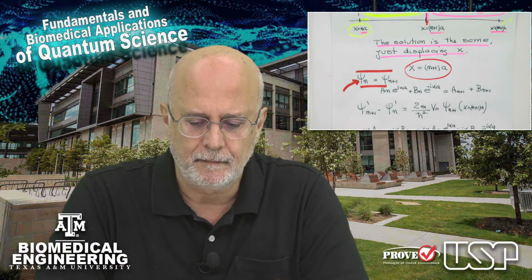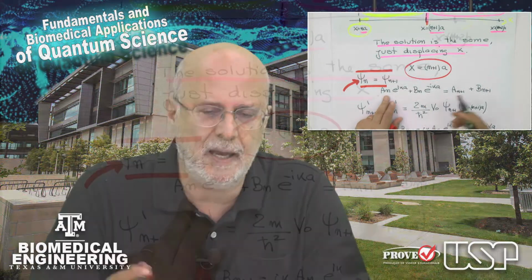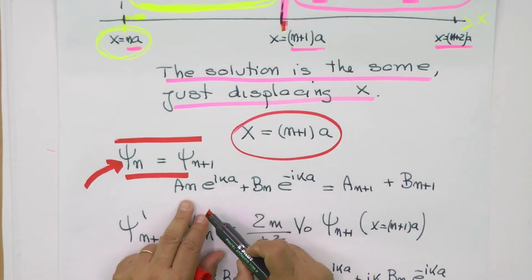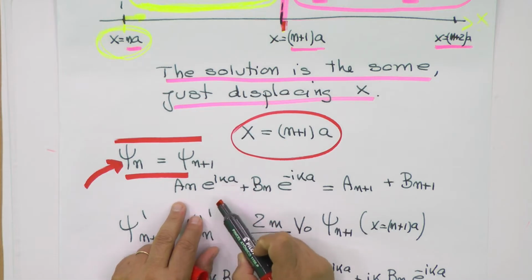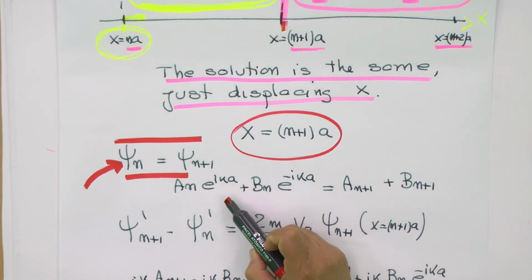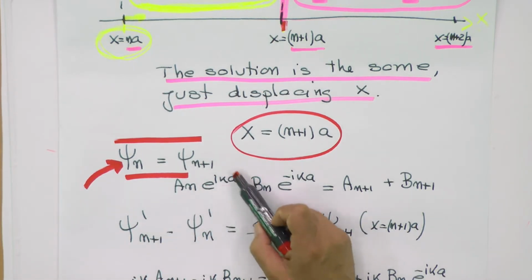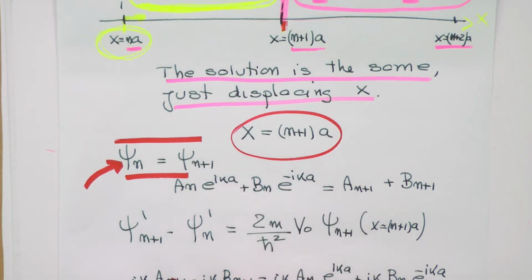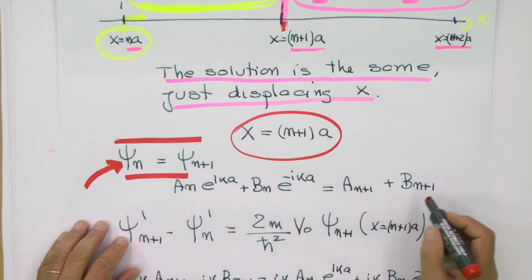One-dimensional in this case. The relation between any site will be this. We saw this already, because this is like a phase. Ka is exactly like the phase, right?